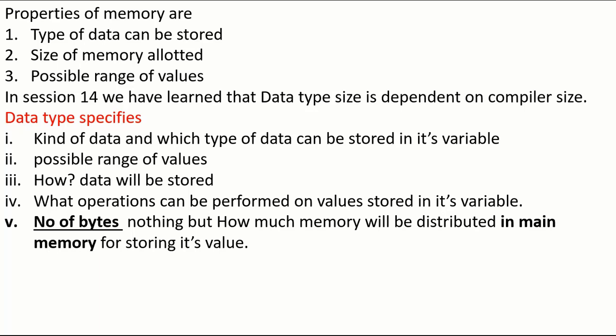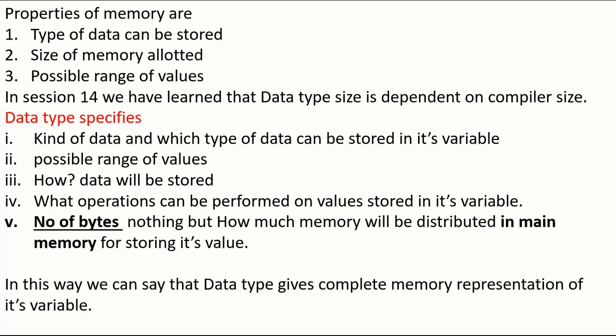So these are the common points. Based on these common points in properties of memory and what data type specifies, we can say that data type gives complete memory representation of its variable.